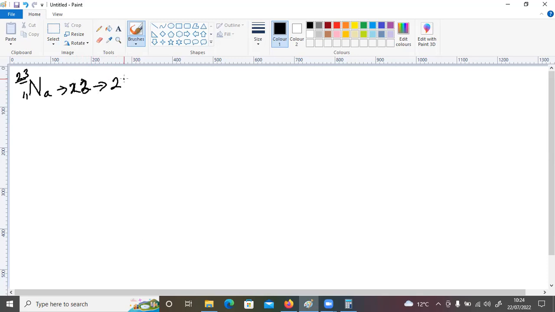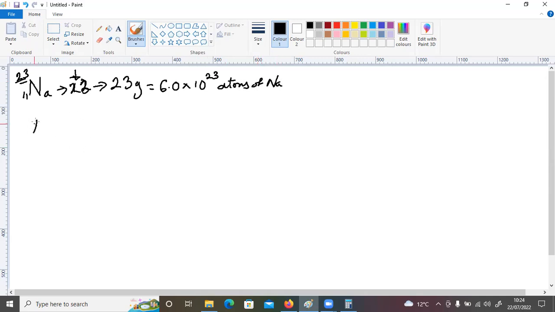And I take 23 grams, which is equivalent to its relative atomic mass. I count the number of atoms there. I find that it has those number of atoms of sodium.